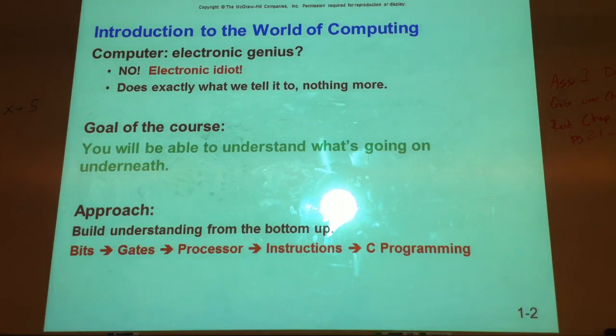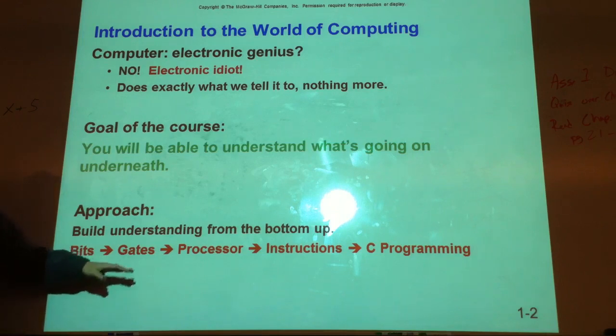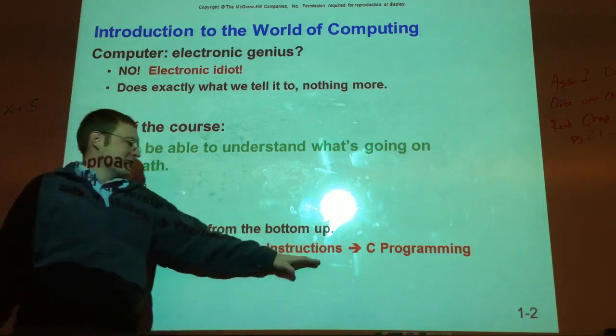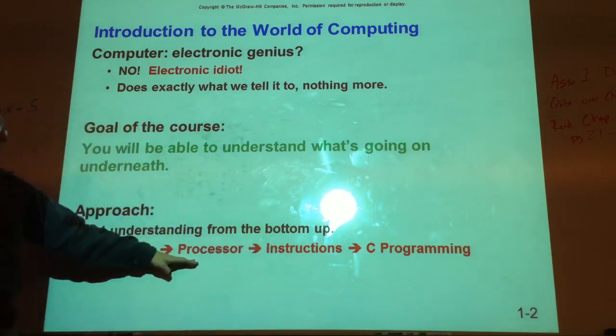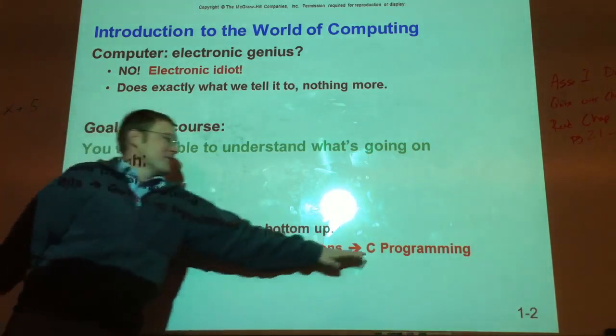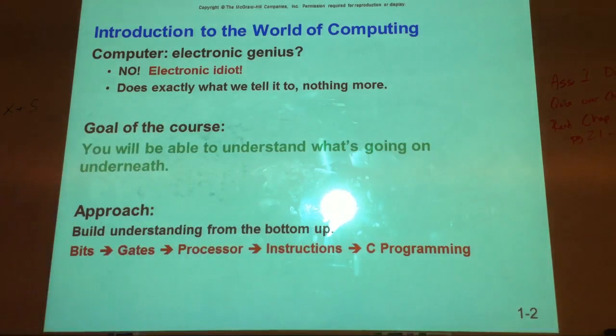When you write a C instruction or C# or Java, those kinds of high-level programs, we're going to actually see how bits get interpreted into gates that make a processor, that there's instructions that tell the processor what to do, and makes up our C programming and our Java or C# program.